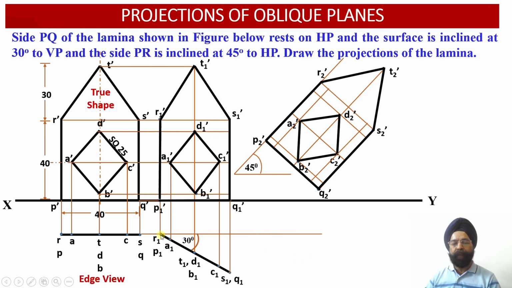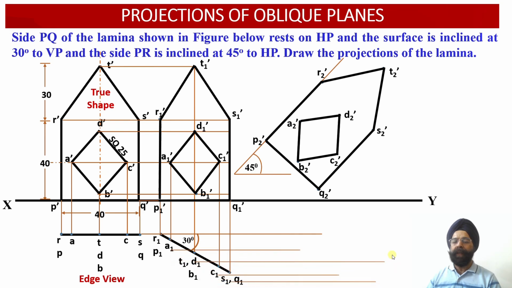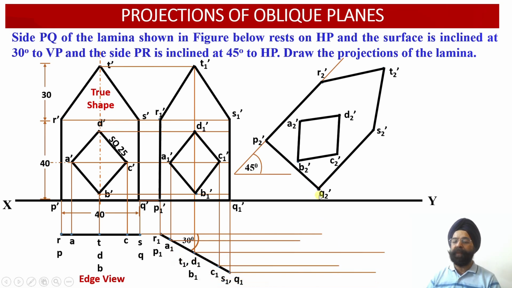And from the previous plan projection view, now we are going to draw the horizontal projectors from left to right into the plan projection view. So wherever these vertical projector lines from the elevation projection view and the corresponding horizontal projector lines from the plan projection view intersect, we will be able to obtain all the 9 points corresponding to this oblique lamina into the top view projections over here.